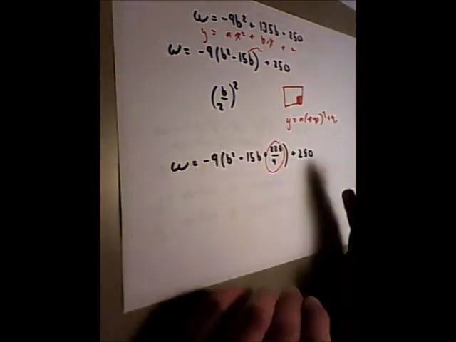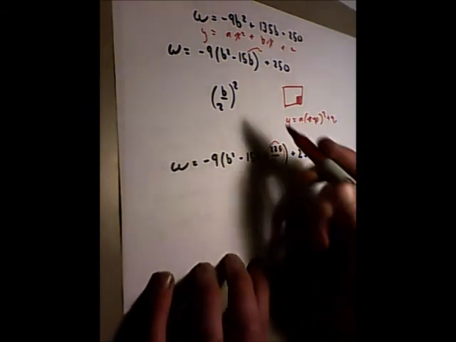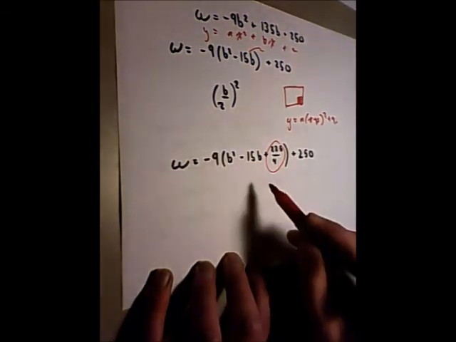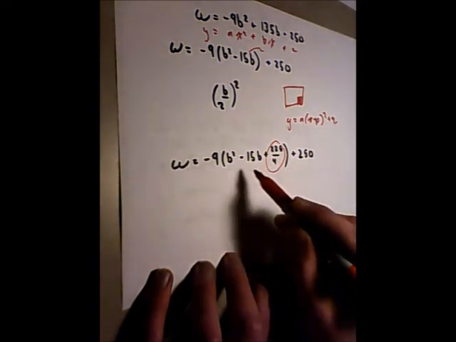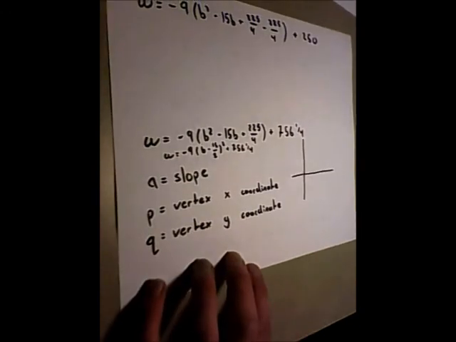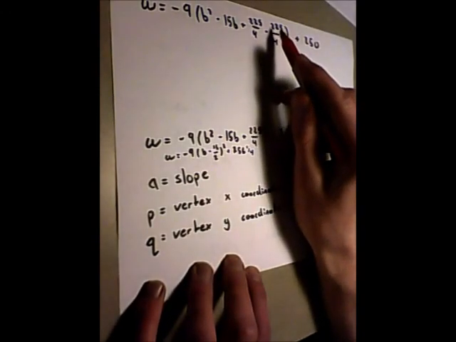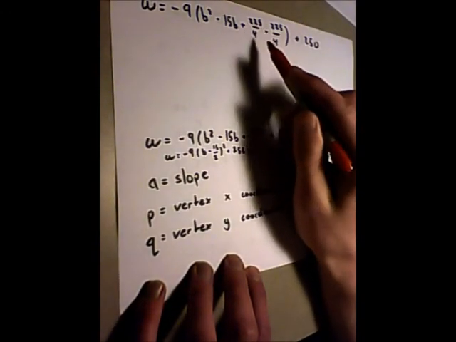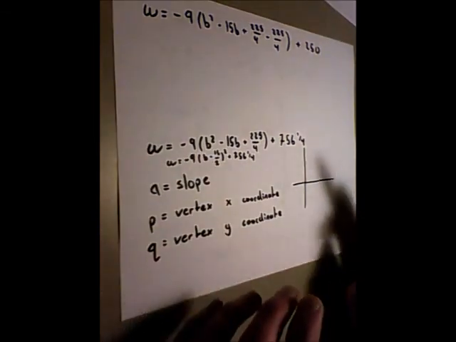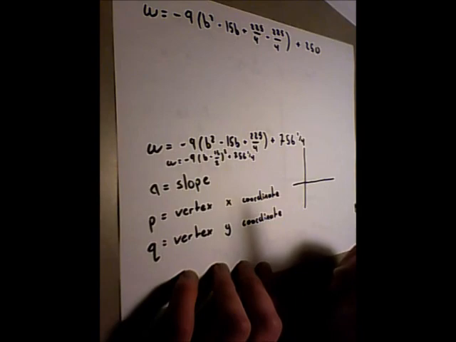But now we have a bit of a problem, because this equation is not equal to this equation. It's significantly bigger. So to fix this, we simply subtract 225 over 4 from 225 over 4, and now this equation is equal to the original standard form equation.